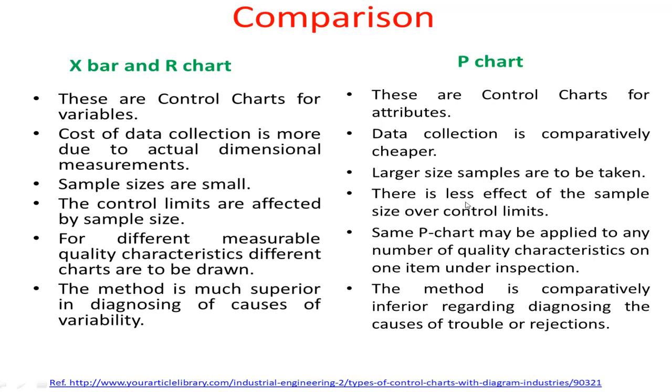For the P chart, the sample size is larger, and control limits are affected by sample size. Here we are not going to measure dimensions, so only yes or no type of data is going to be recorded. The X bar R chart is a much superior method for identifying the cause of variability. Here, this method is slightly inferior regarding cause detection.